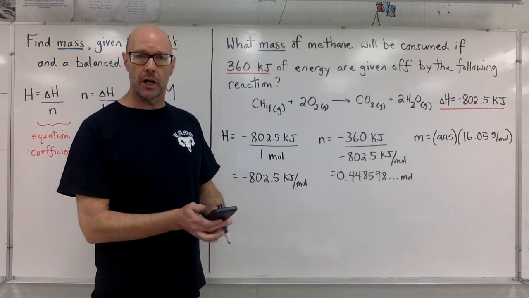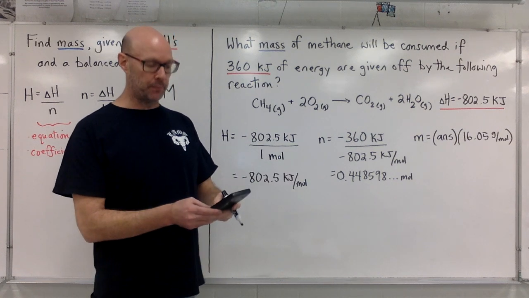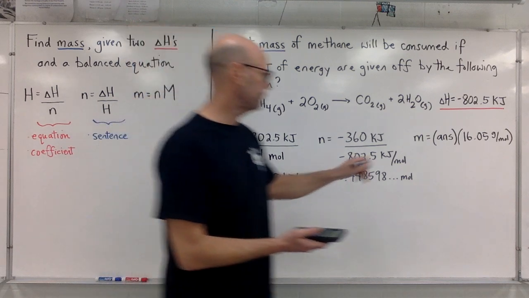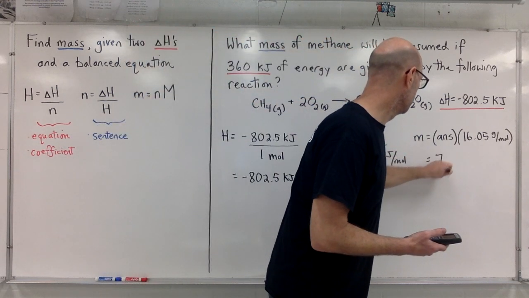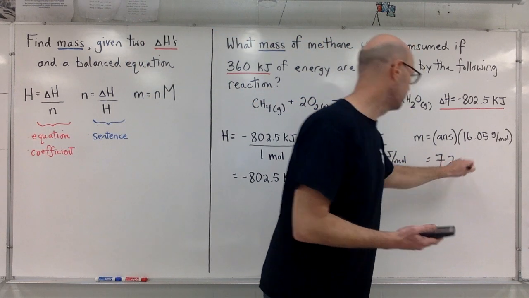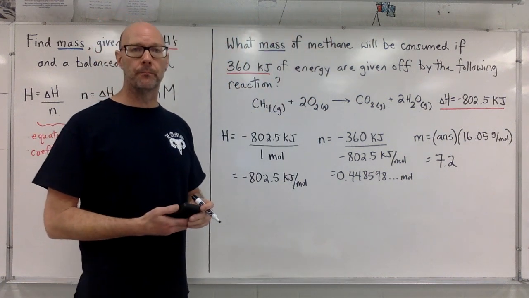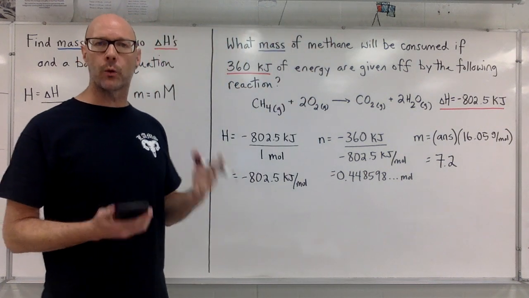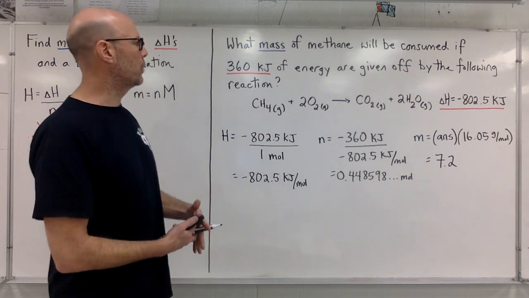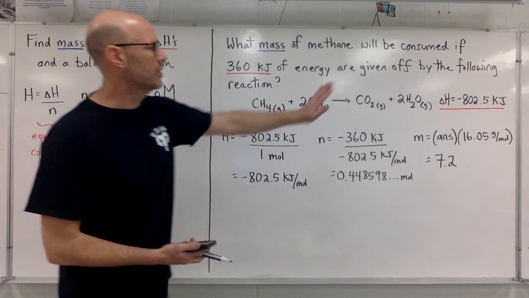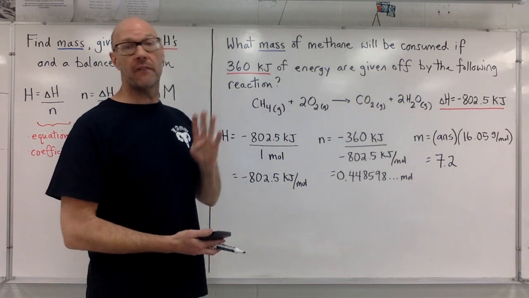This number is still sitting on my calculator screen. I multiply by 16.05. What comes out on my calculator is 7.2. So my raw answer, it's not quite finished off. Let me go back to the question. 360 has 3 significant digits. 802.5 has 4.